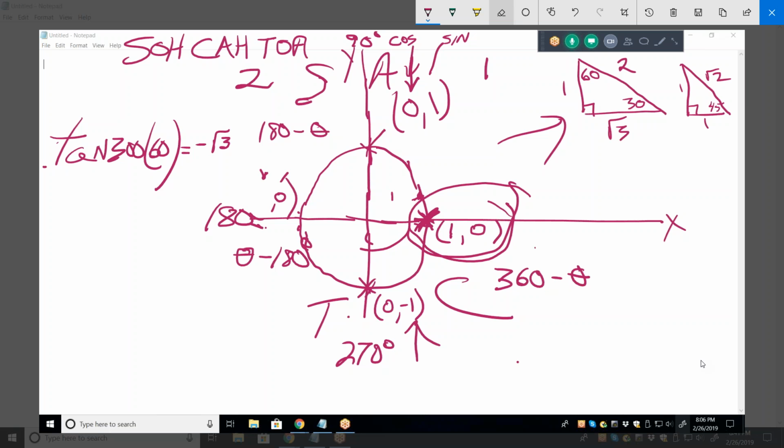So hopefully, at this point, you've realized that you can figure out the trig function of any angle as long as it is a multiple of 30, 45, or 60. If I said, what's the sine of 29 degrees, you can't do that, but nobody can do that. Everybody has to either look that up in a table or their calculator.